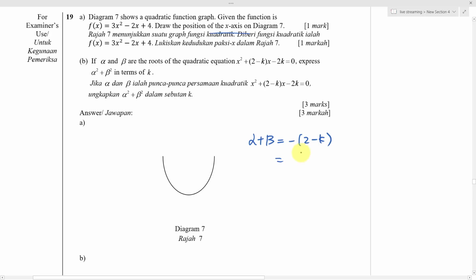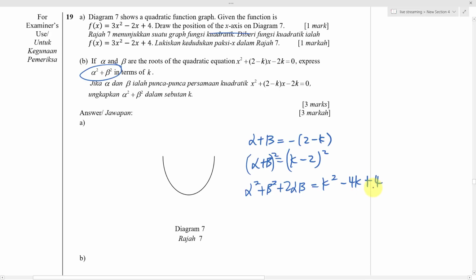Right, then this one I just multiply negative in, then I will get k minus 2. But because I know in order to get alpha square plus beta square, I need to square both sides. Then over here, I have the alpha square plus beta square plus 2 alpha beta, isn't it? This is how I expand here. And here I expand, I will get k squared minus 4k plus 4.